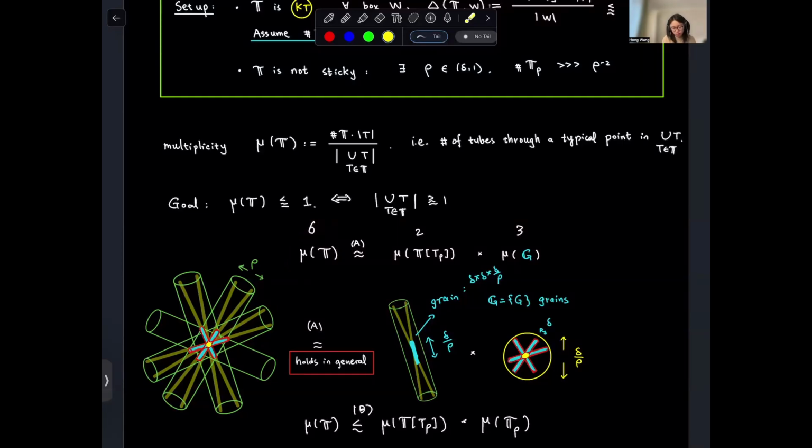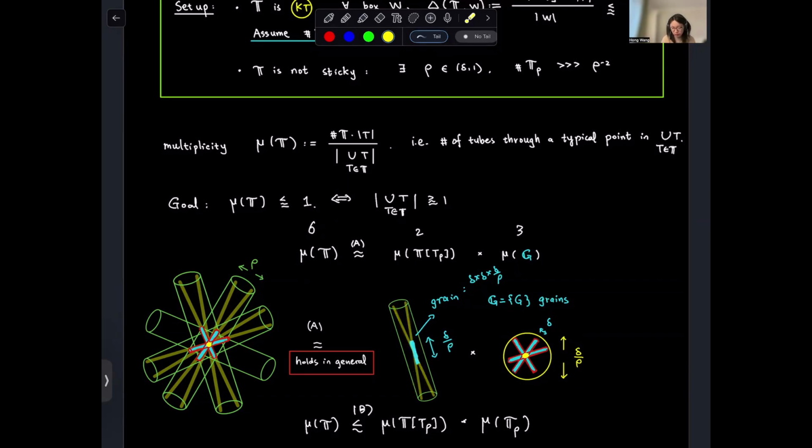The way we are going to study the multiplicity is we first look at the multiplicity of tubes inside T_rho, so the number of thin tubes in a rho-tube passing through this point. Here in this picture, mu_T restricted to T_rho is 2, and there are 2 tubes passing through this yellow point.